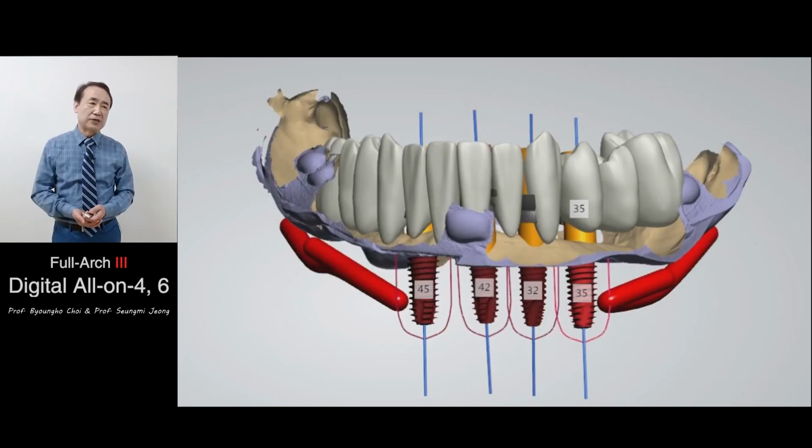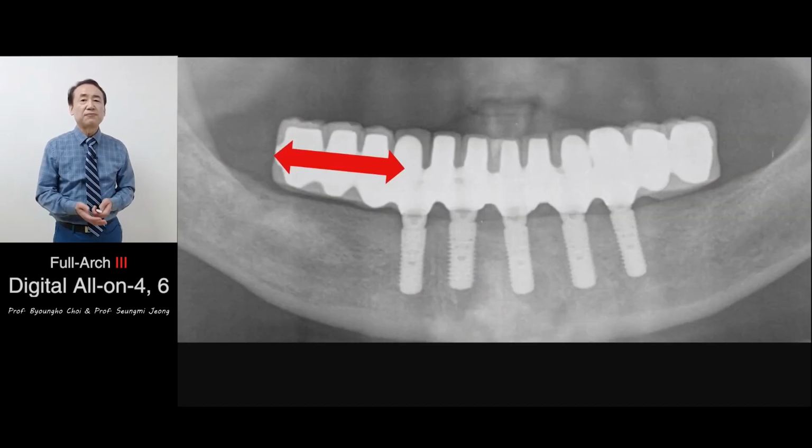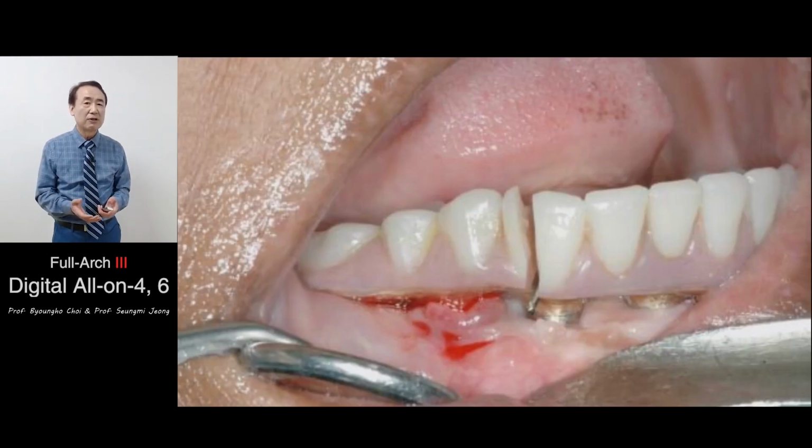If you place 4 straight implants between the mental nerves, it increases the cantilever length. If the prosthesis has too long a cantilever, it can cause fracture of the prosthesis. Therefore, we need to try to decrease the cantilever length.